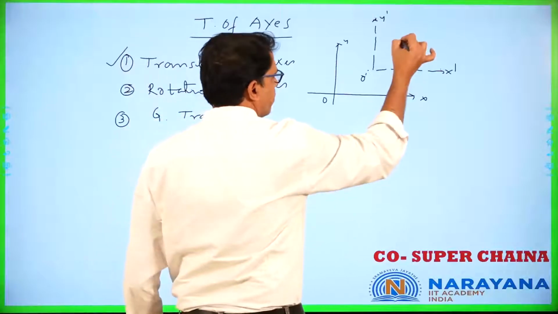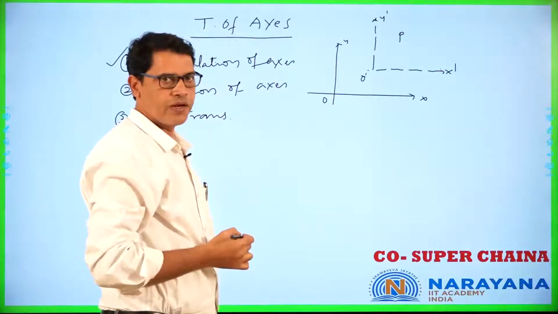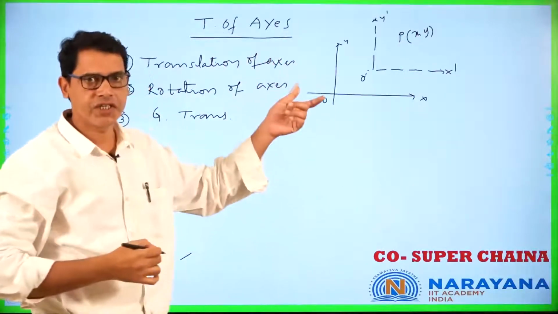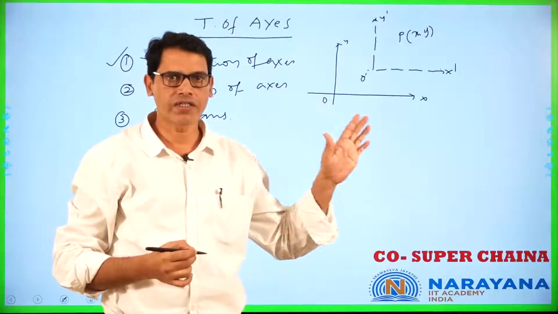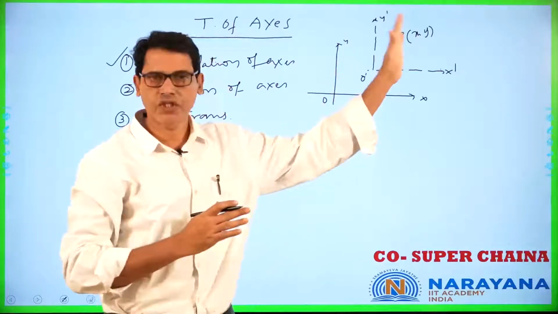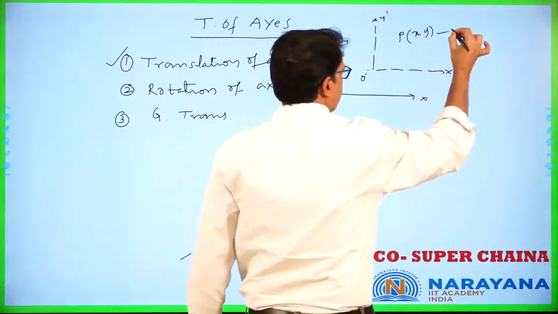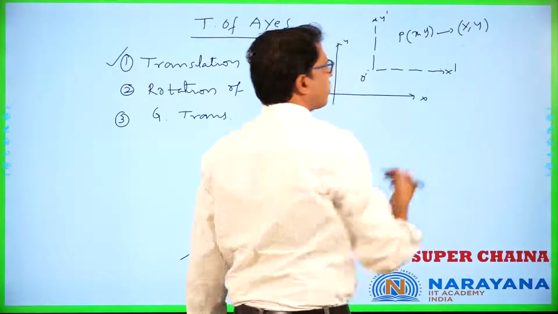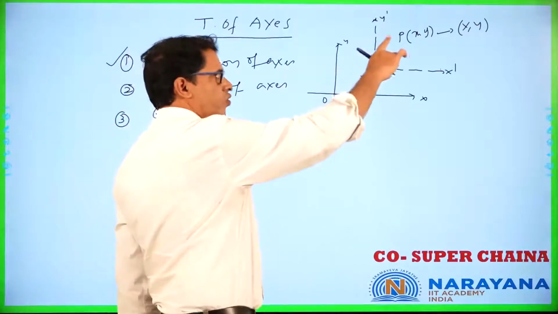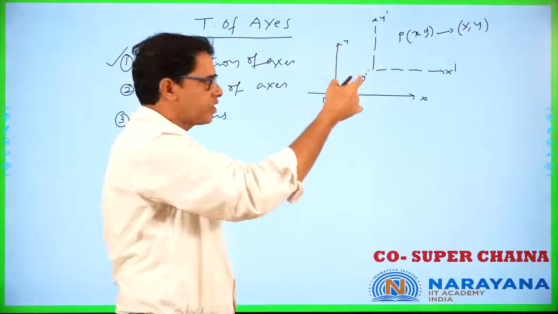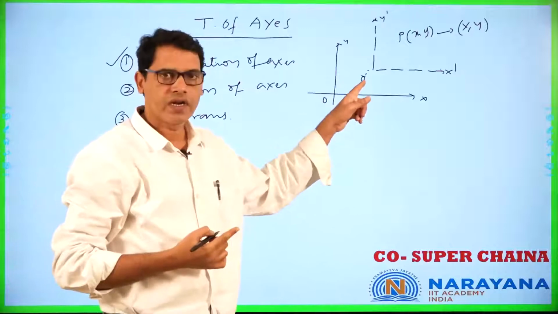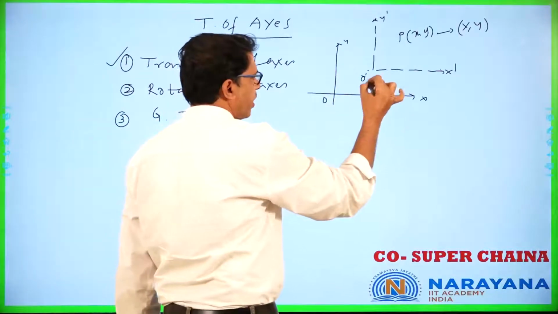If P is a point in the plane with coordinates x comma y before translation, then the transformed coordinates are capital X comma capital Y. The translated point, the new origin, is denoted by h comma k.